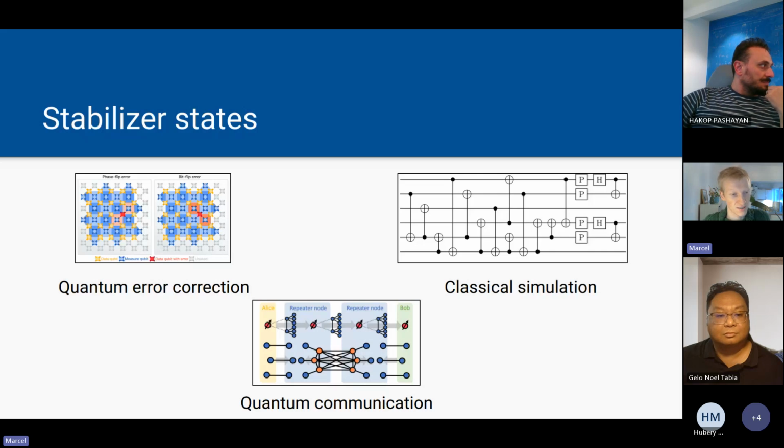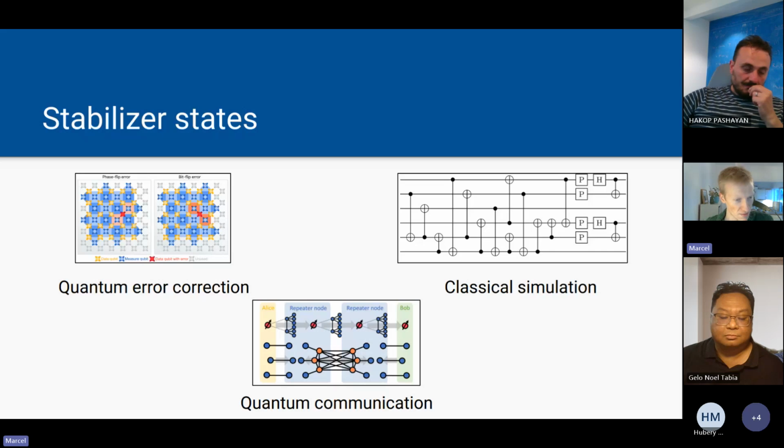But they're also interesting in classical simulation, like Jakob knows. He has worked on some stuff in this regard. And also in quantum communication, where we build quantum networks maybe based on graph states, which are a particular subclass of stabilizer states. So in summary, they're basically all over quantum info.